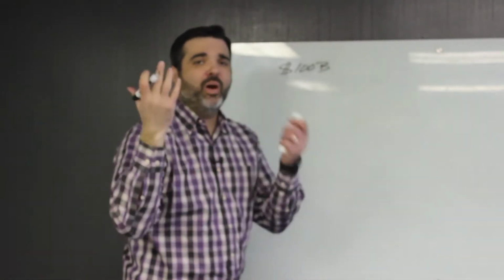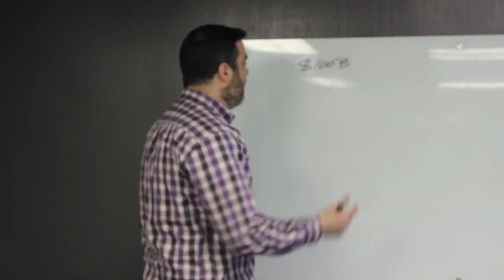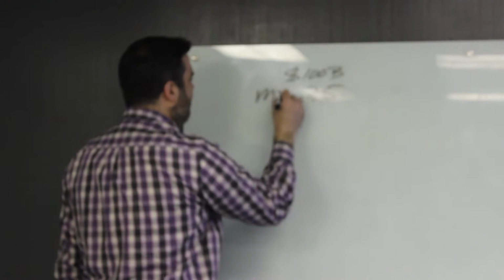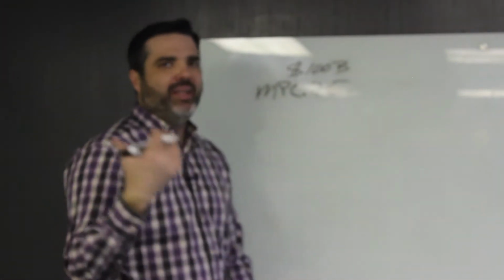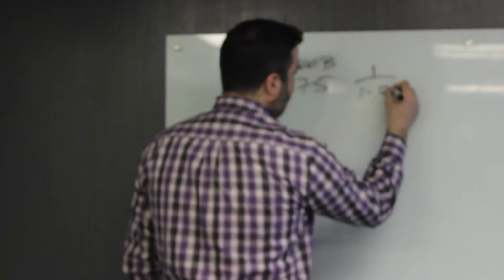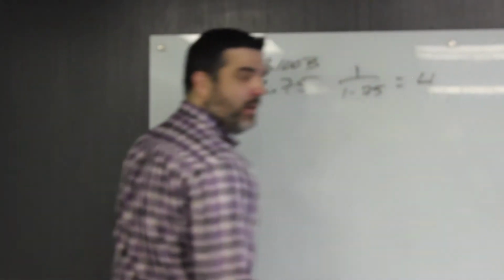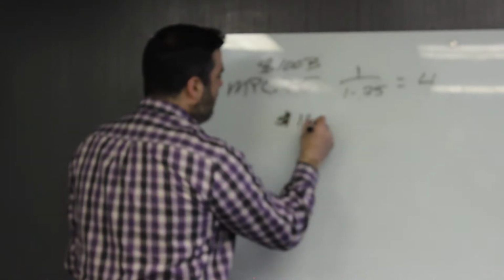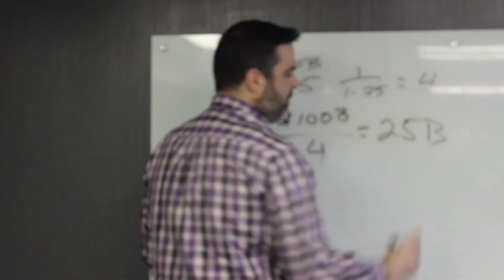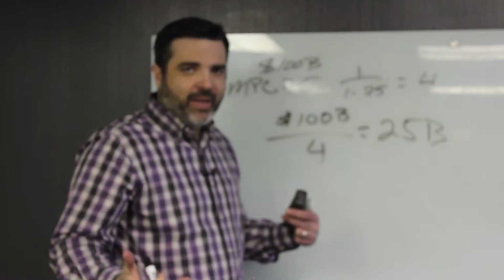So if I have a $100 billion hole, and I have a marginal propensity to consume of 0.75, how much do I need to raise spending to get there? Well, it's the exact same thing. My multiplier is going to be 1 over 1 minus 0.75, so my multiplier is going to be 4. So all I have to do is take 100 billion divided by 4, and I can spend 25 billion. We all get how we got there? Okay.